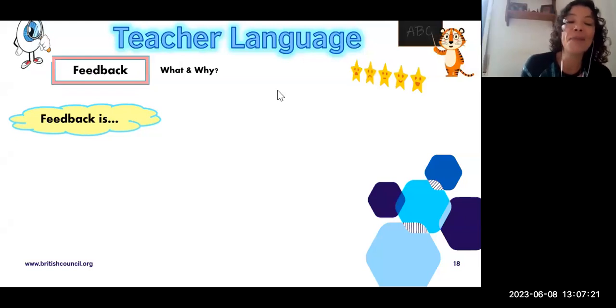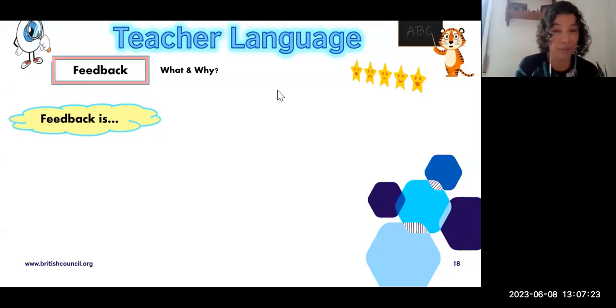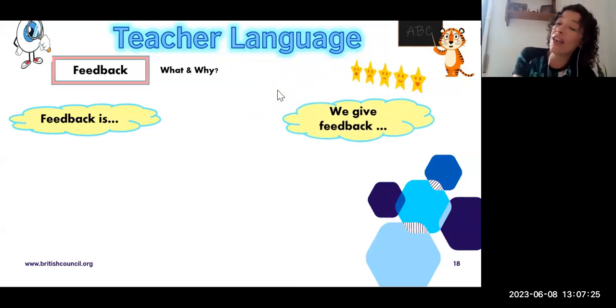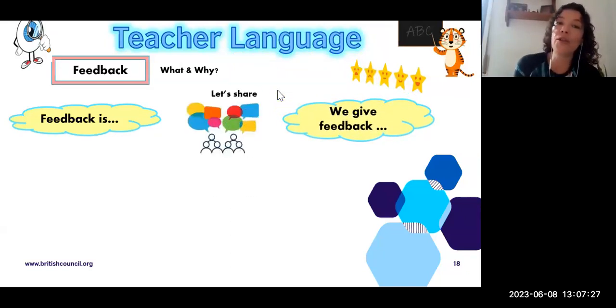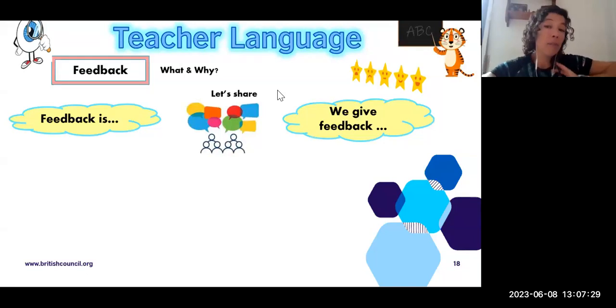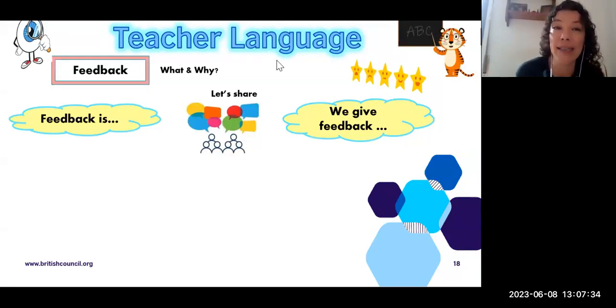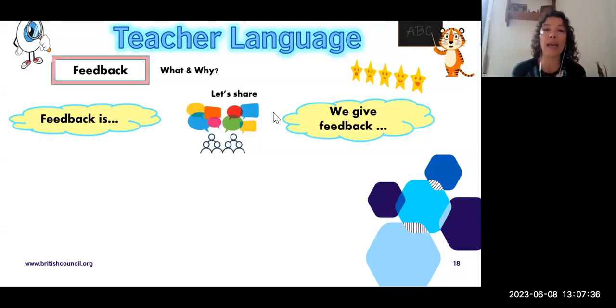So let's do that together. Feedback is, and we give feedback because. So what do you think? We're talking about feedback on maybe written work, but also orally in class on activities. So what do we think? Feedback is, and we give feedback because. Let's see what you think.